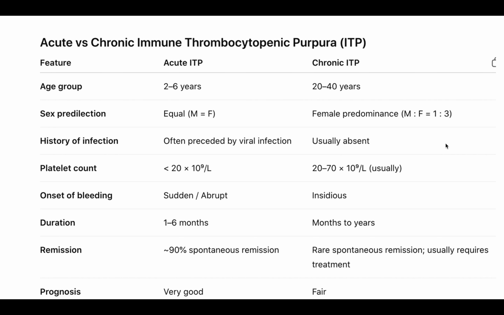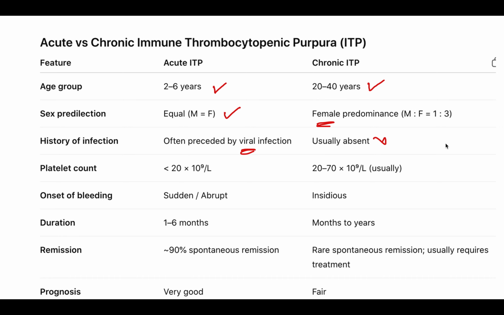Now one more important thing is to differentiate acute versus chronic ITP. Acute ITP is seen mostly in children, whereas chronic ITP is seen in middle-aged persons. The sex predilection is equal, however there is female preponderance in chronic ITP. In acute ITP there is mostly a viral infection; in chronic, no viral infection is there.